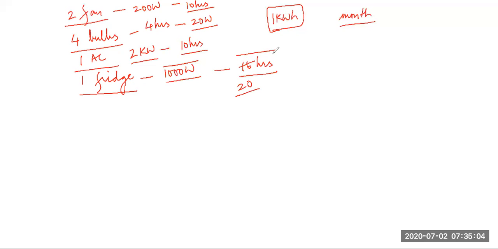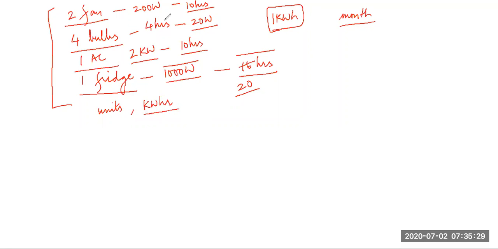So we want to calculate how much bill will come for a month. So first we want to calculate that in one day, by all these electrical devices, how many units are being consumed. Units means how much kilowatt hour energy is being consumed.